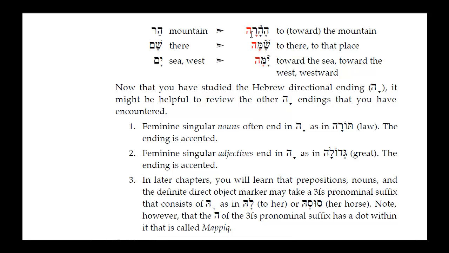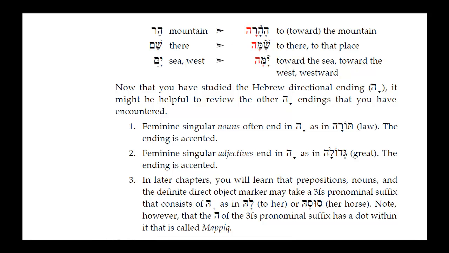That's going to tell you that that's a directional hey because the accent is shifting. That's not some type of adjective. Sham is there. Shama is to there, to that place, going that direction.